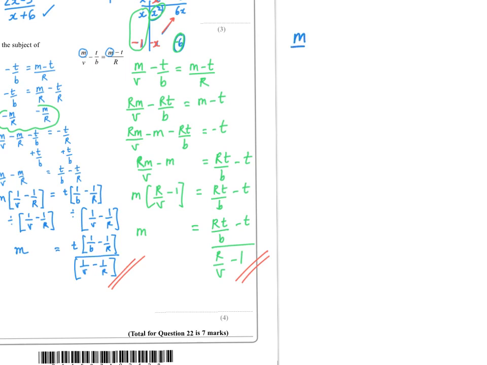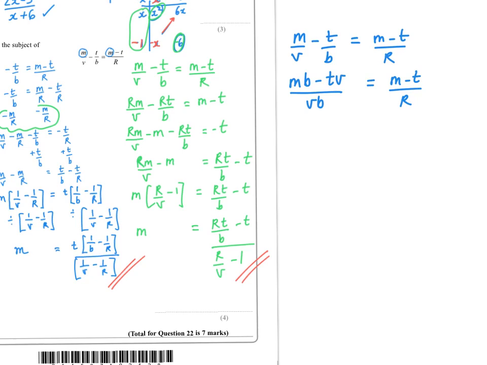Well, m over v minus t over b equals m minus t over r. Well, what we could do is add these fractions up so we get a common denominator. So we'd have mb minus tv all over vb is m minus t over r.